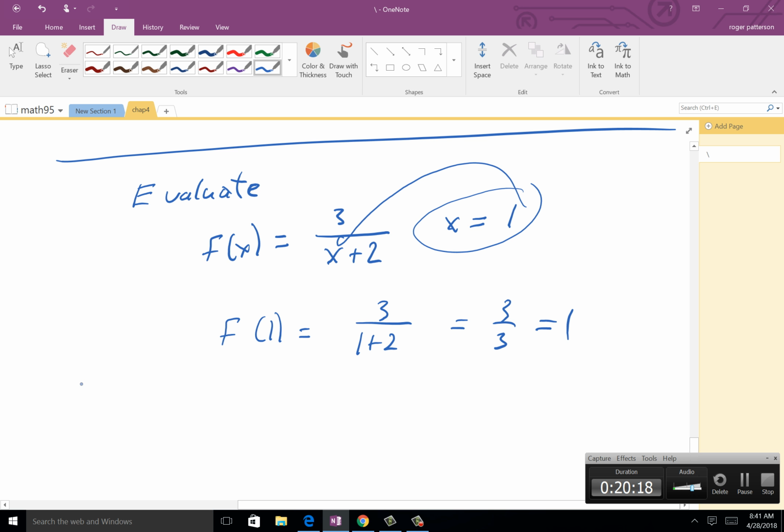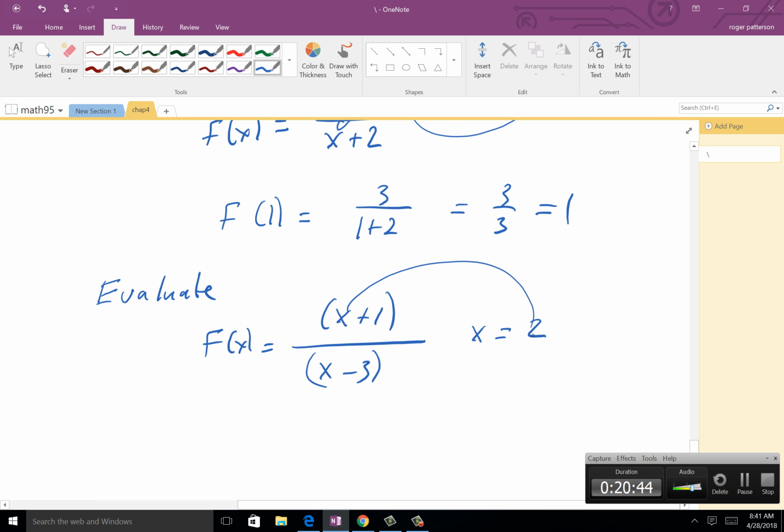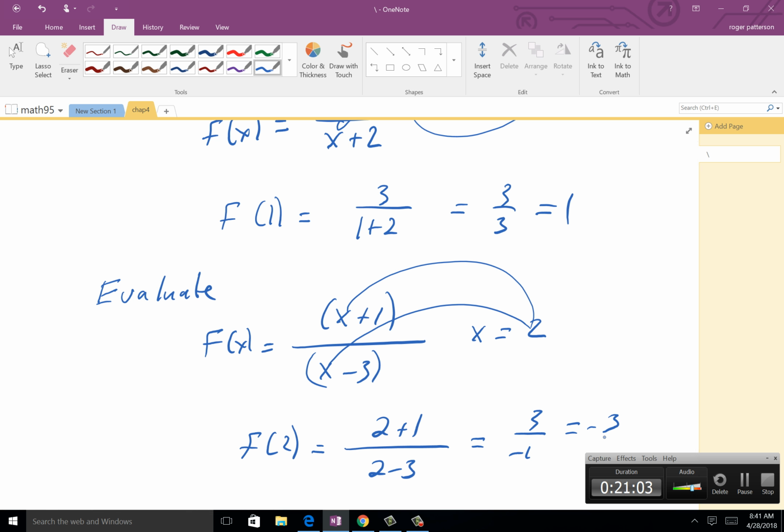It really doesn't matter if there's an x on the top or the bottom. We're just going to put that in there. So when you evaluate it, you just stick in that value for x and figure out what it is.